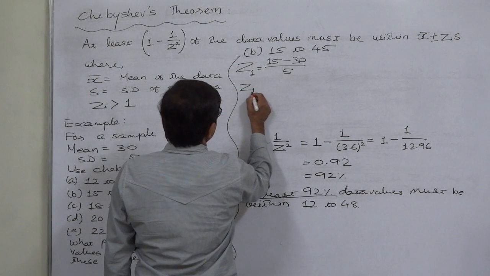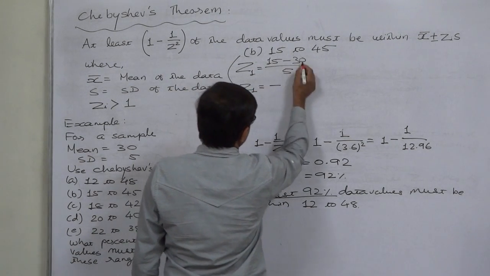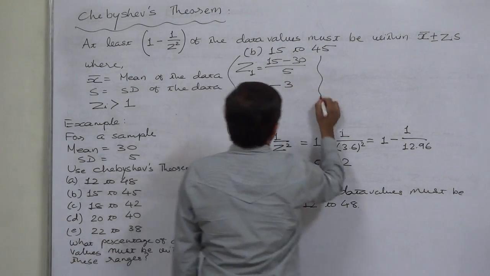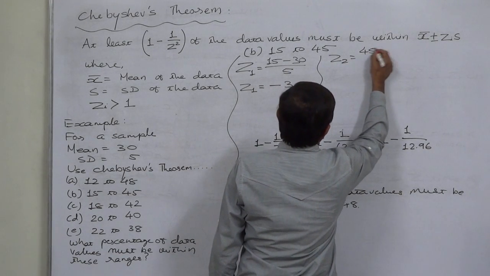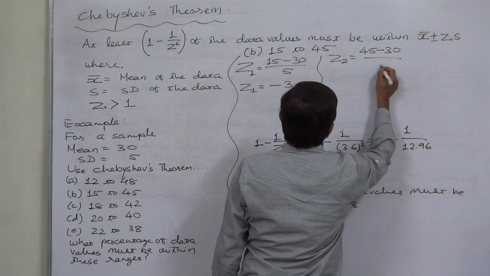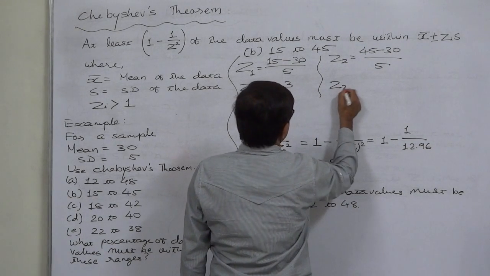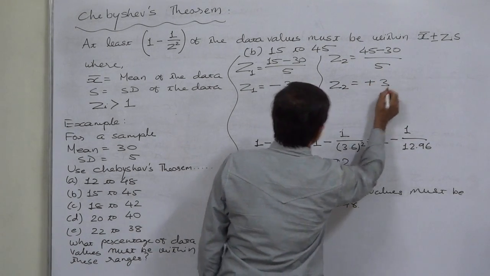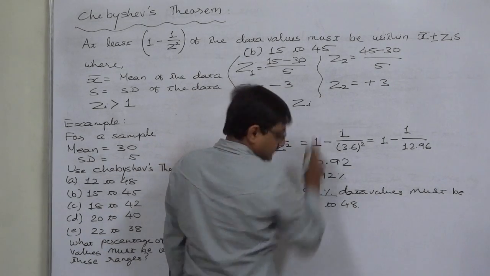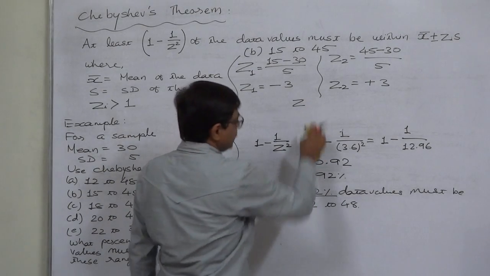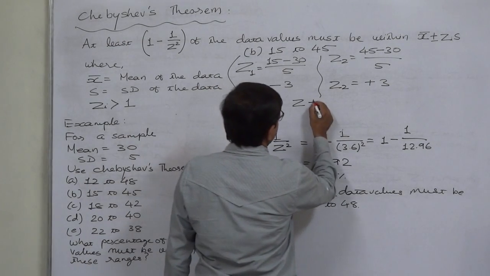So z comes to minus 3. Similarly, z for 45 is 45 minus 30 divided by 5. For that, z comes to positive 3. That means for this range, the z value is positive or negative 3.